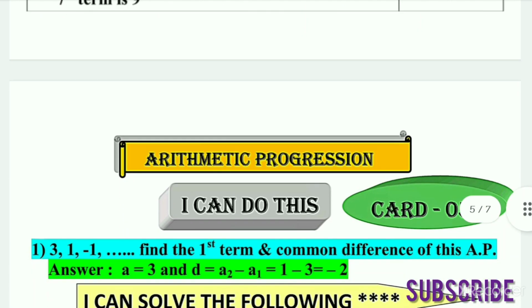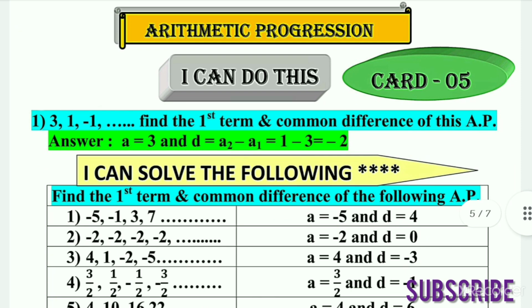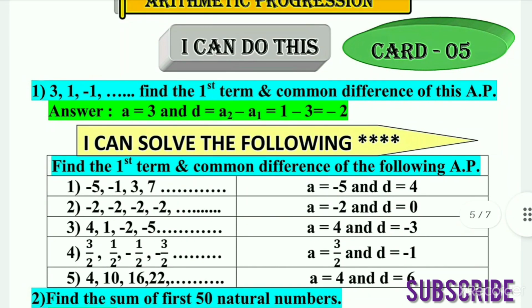Next, card number 6. In this we are going to learn how to find the first term and common difference, that means the A value and D value. First question, 3, 1, minus 1. Find the first term and common difference of the AP.